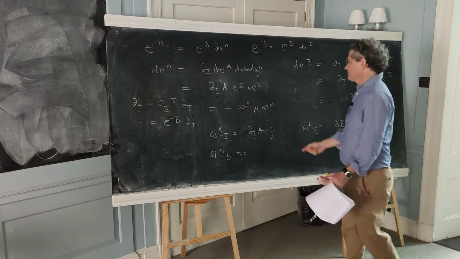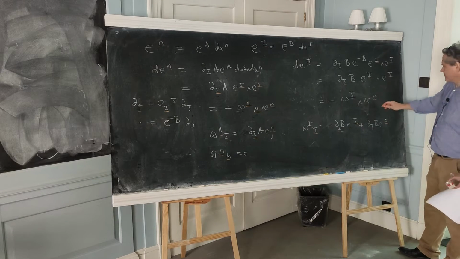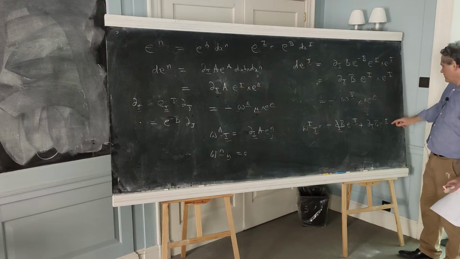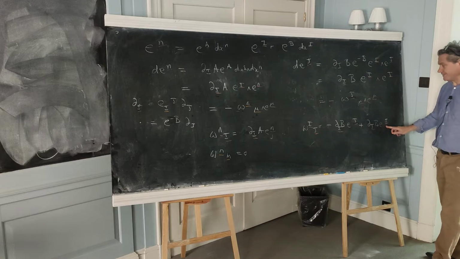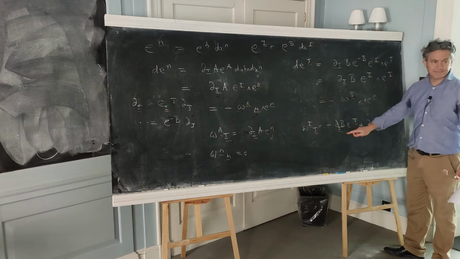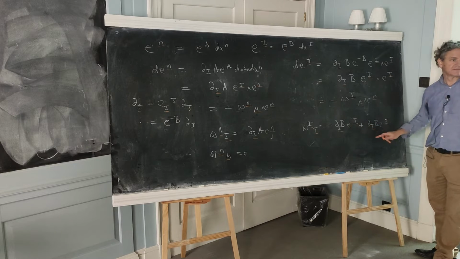So that works. And then similarly over here, I have to wedge this, well, first with E^I. This term would be 0 because it's E^I wedge E^I, and then I just get E^J with E^I, which is what I want, and then the D^I B. And this term I had to have because of antisymmetry.